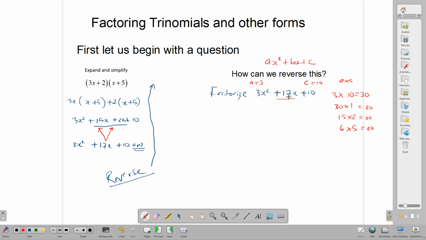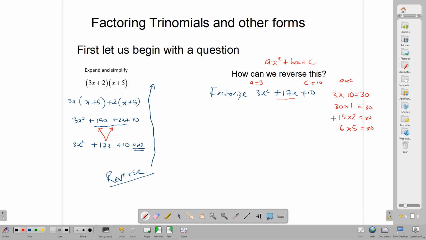So 17x can be broken down into 15x and 2x. Notice 15 plus 2 gives us 17, and 15 times 2 gives us 30. 6 times 5 gives us 30, but if we add 6 and 5, we will not get 17. Likewise, 3 times 10 gives us 30, but 3 plus 10 does not give 17.